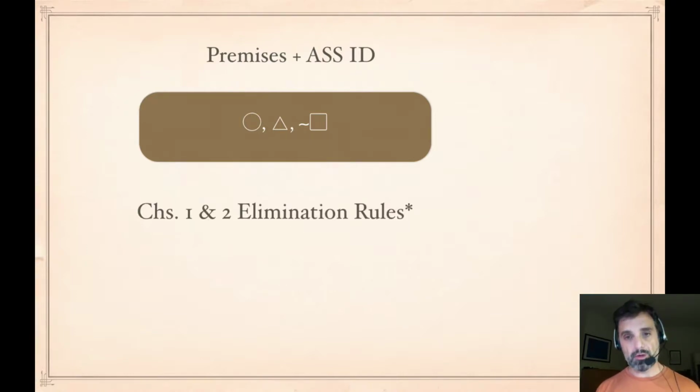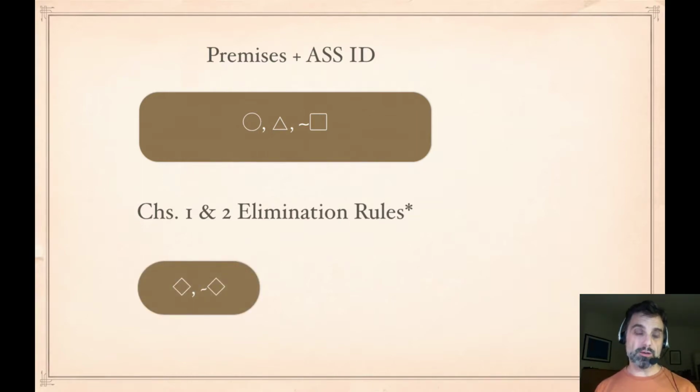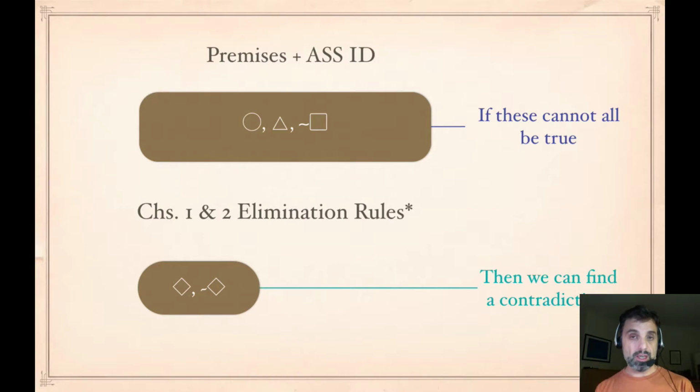When we do so, we eventually, hopefully, produce a contradiction. The idea here is that we start with these sentences that cannot all be true, and we crystallize that fact using the rules into a contradiction. And we have to make sure, of course, that we use enough of the rules to get a contradiction. So that's what we're doing in Chapter 2.